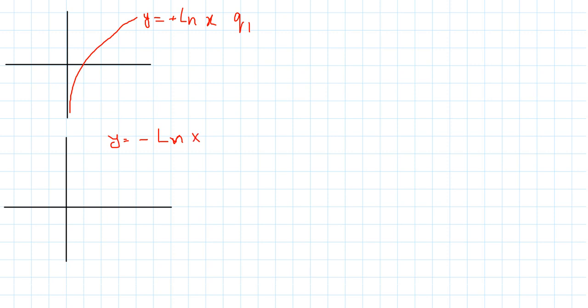So my graph should come, the y is minus, x is positive. So where y is minus and x is positive, it goes to quarter number 4. It means it should finish in quarter number 4, and it passes through 1. Y equal minus ln x. Okay.